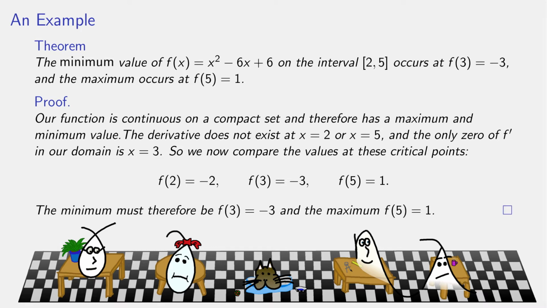The minimum is therefore the lowest value, and the maximum is the highest, -3 and 1 respectively. So yes, the minimum is at f of 3 equals -3, and the maximum is at f of 5 equals 1. Notice that f of 2 equals -2 is still a critical point, but it's neither a max nor a min. Critical points are not obliged to be maxes or mins, but maxes or mins are obliged to be critical points.